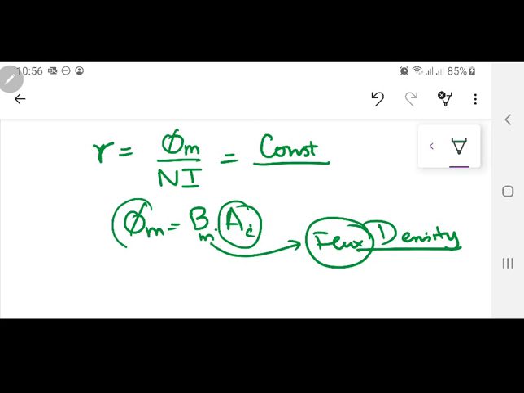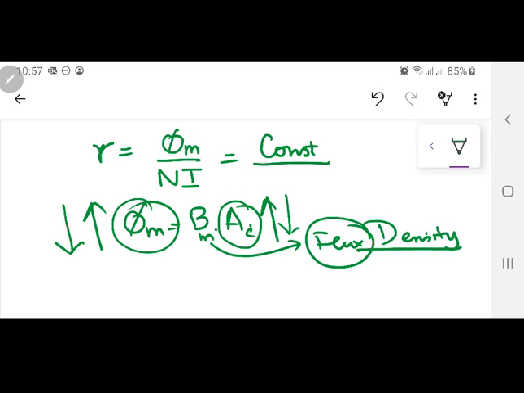अगर आपने phi m की वैल्यू ज्यादा रखी होगी, तो आपके पास एरिया ज्यादा है. Bm तो मटेरियल की वजह से डिसाइडेड है. अगर आपने phi m की वैल्यू कम रखी होगी, Bm स्टिल वही 1.7 या 1.5 डिपेंडिंग अपॉन द मटेरियल है, A की वैल्यू कम आएगी. Now, area is the area of that central core on which the windings are going to be done. मेरे पास area ज़्यादा आता है, core losses ज़्यादा आएंगे.